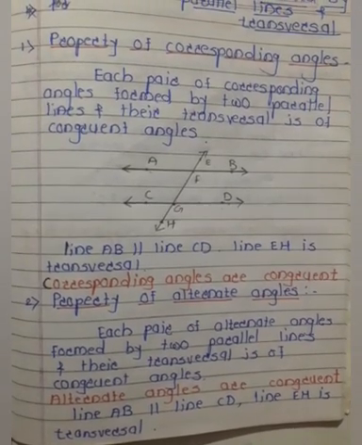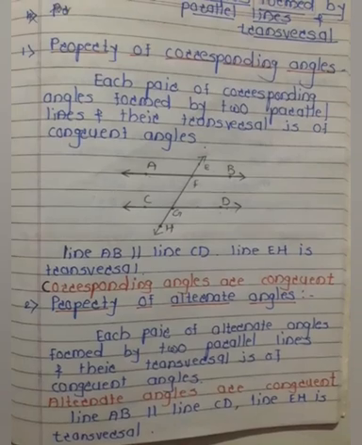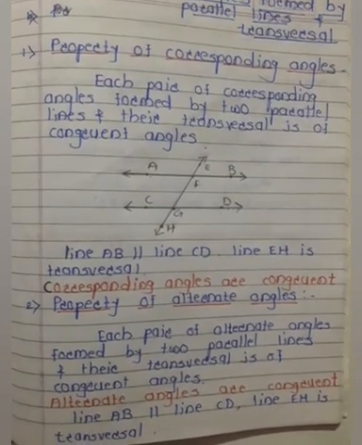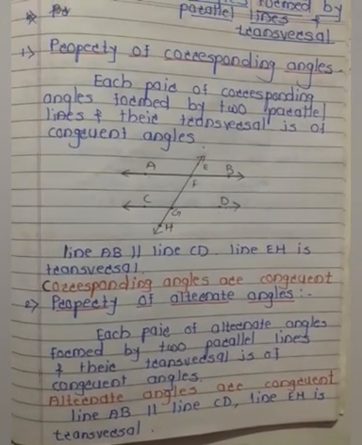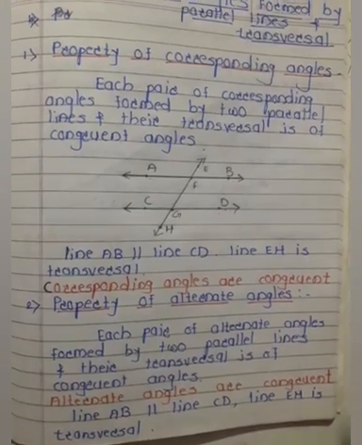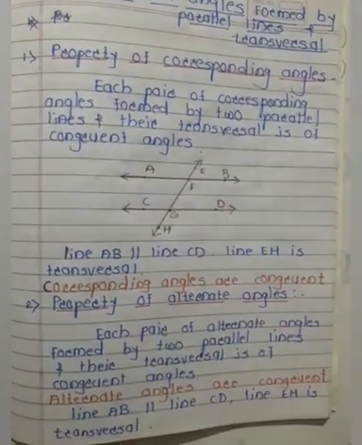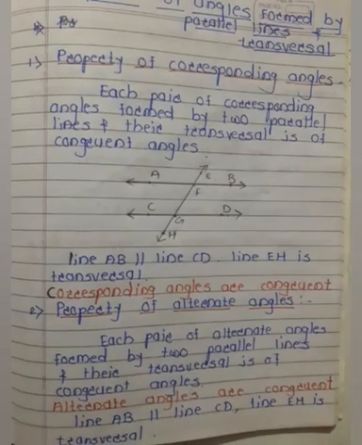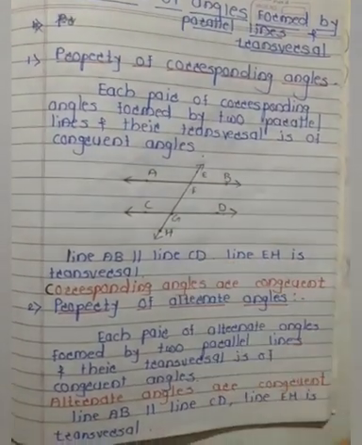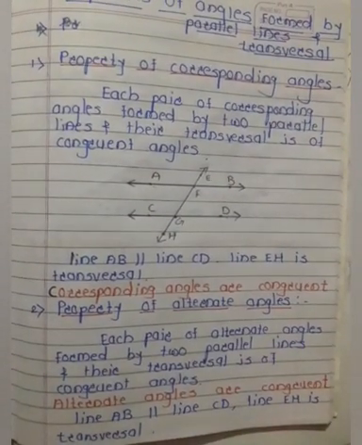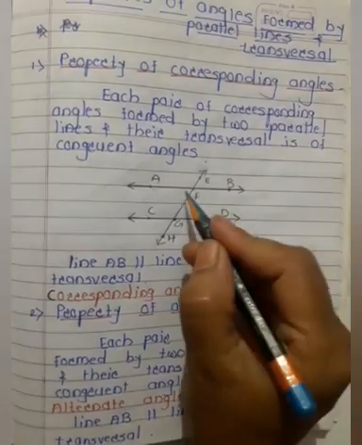Each pair of alternate angles formed by two parallel lines and their transversal is a pair of congruent angles. Line AB and CD are parallel to each other and line EH is the transversal. Then alternate angles are congruent.